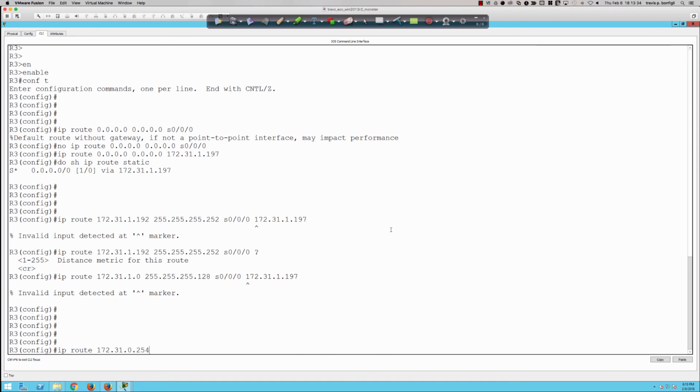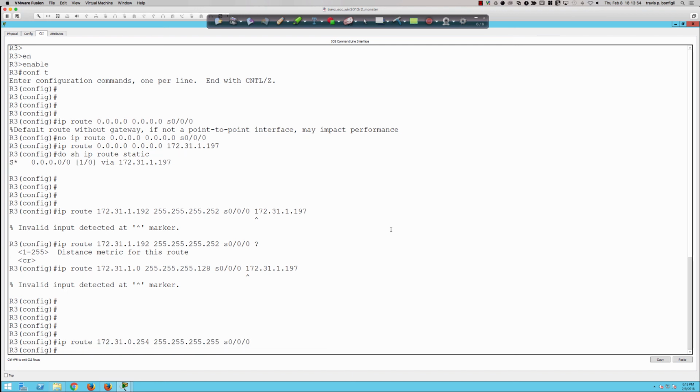I'm putting the exact IP address of the PC here. And if it's the exact IP, then every single bit in the subnet mask is accounted for. It's all 255s. And then I could simply say, go out the serial 0/0/0 interface.